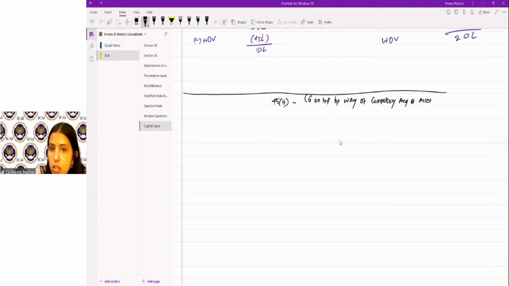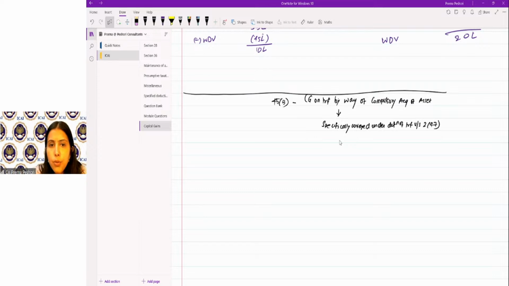So in that particular case, there will be capital gain. So this is specifically covered under definition of transfer under section 2(47). Right? Under section 2(47).